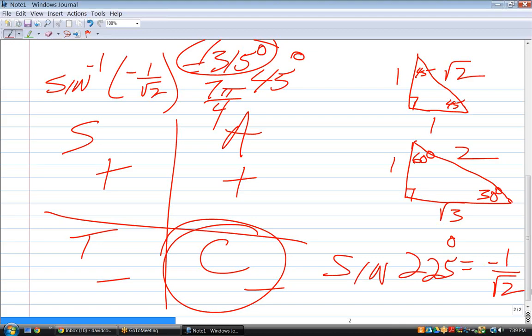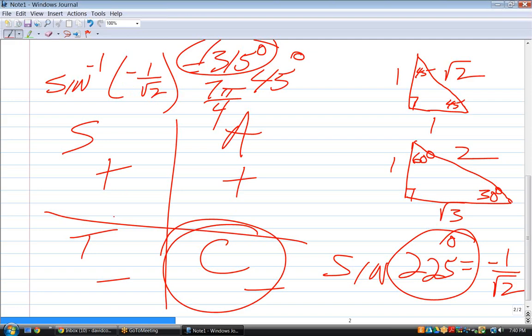If they gave you a domain of 0 to 2 pi, then we have to give both answers. We got to give 315 degrees plus we got to give 225 degrees. But if you put this problem into your calculator, it only gives you the principal value, which in our case is the fourth quadrant.